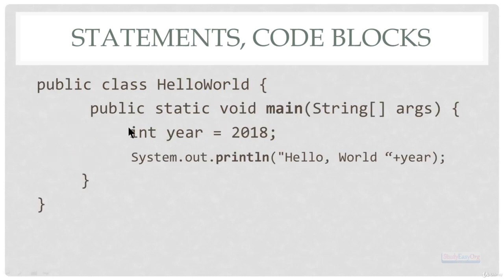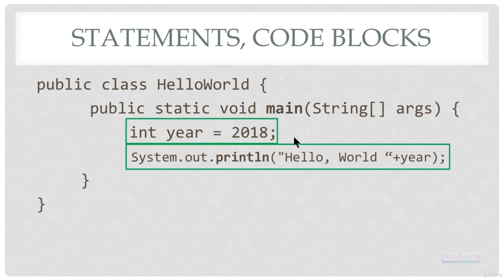Alright, so here is an example where we have a very simple class, where we have a very simple main method, where we have a variable, then we are printing some information on the console. In this example, these two lines of code are nothing but statements. A statement is a complete instruction.